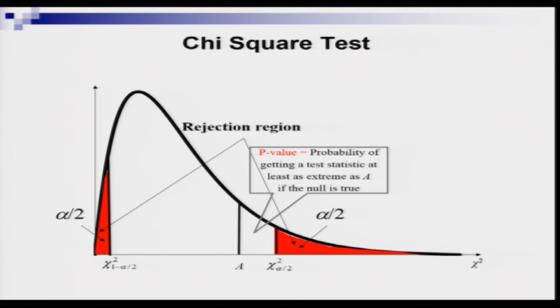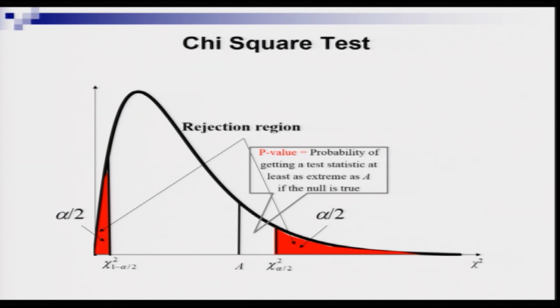Similarly, you can also figure out the chi-square value for the lower critical limit or lower critical value. Let that be chi-square 1 minus alpha by 2.